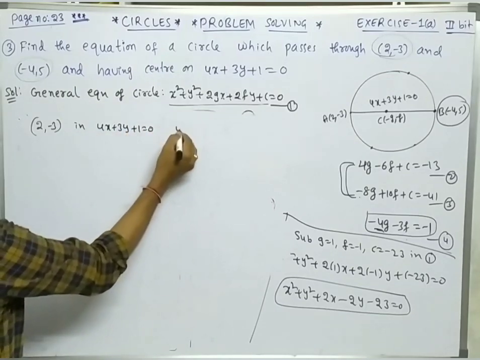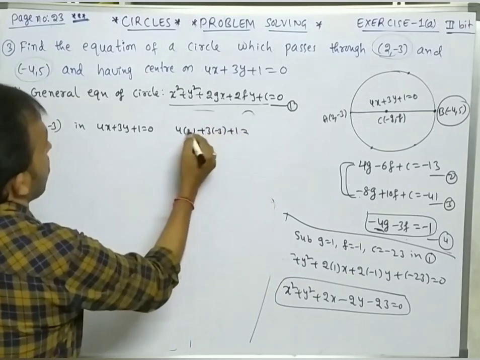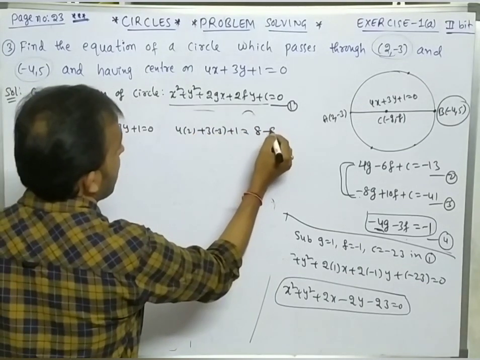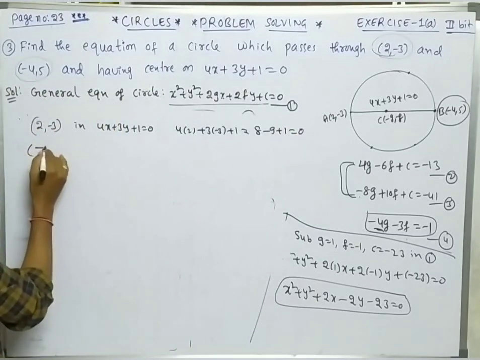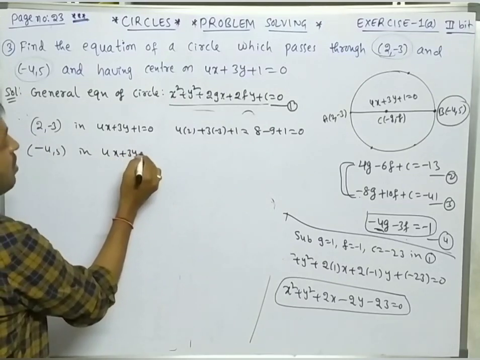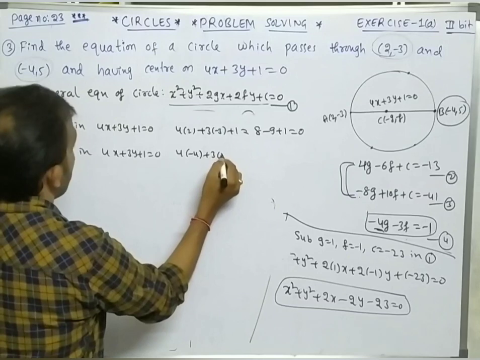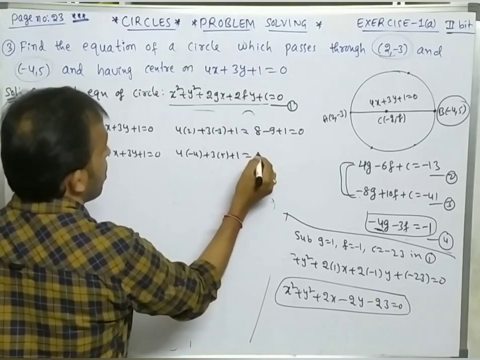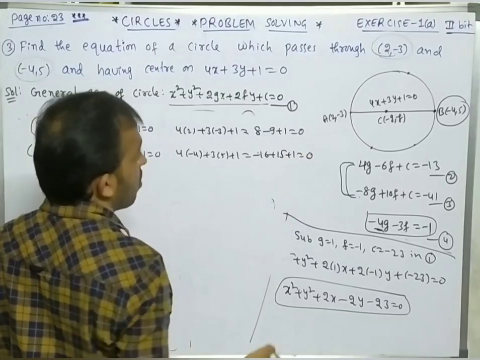Then 4 into 2, 3 into minus 3, plus 1: 8 minus 9 plus 1, which is equal to 0. And substitute the other point in the diameter equation: 4 into minus 4 plus 3 into 5 plus 1, which is equal to minus 16 plus 15 plus 1, which is equal to 0.